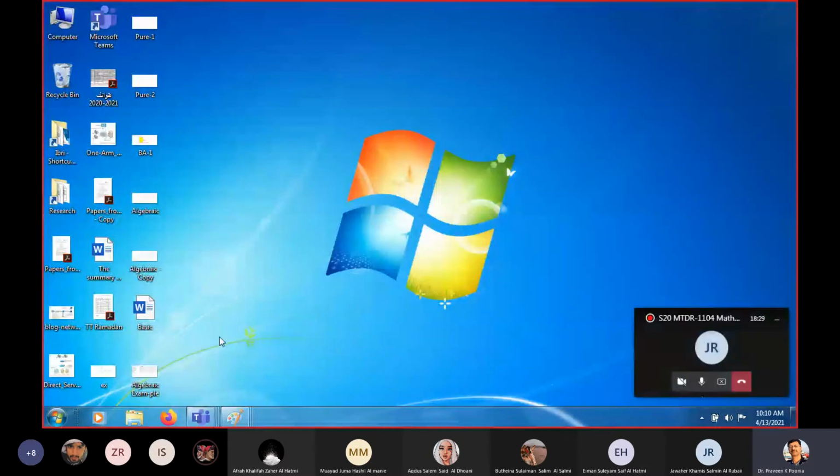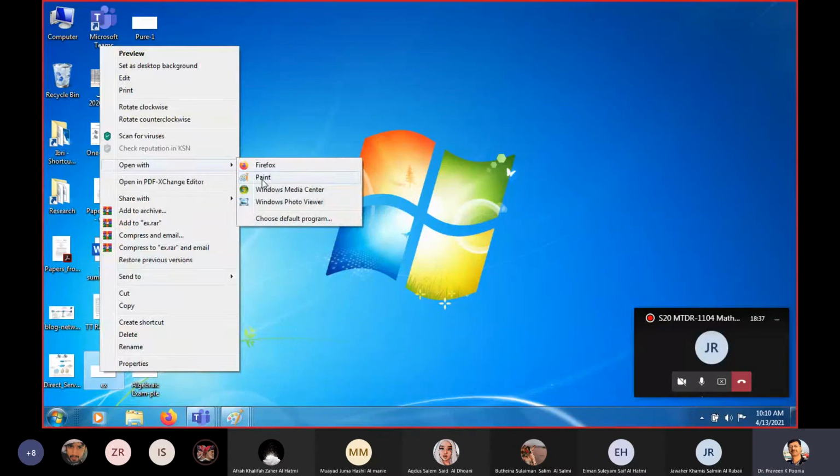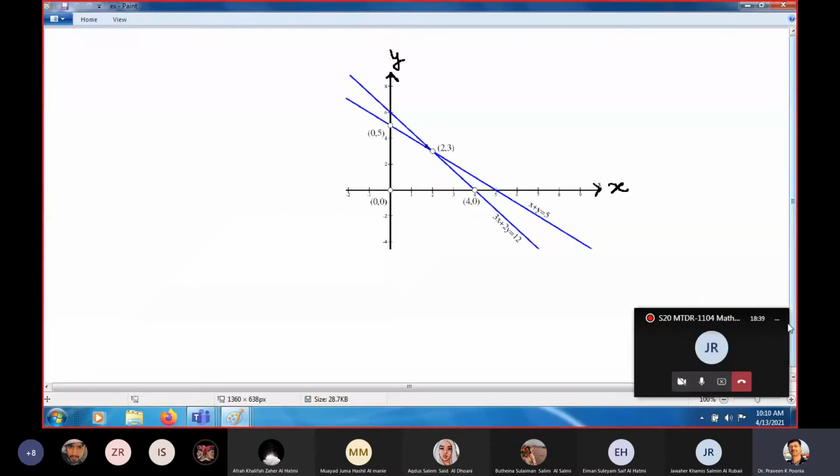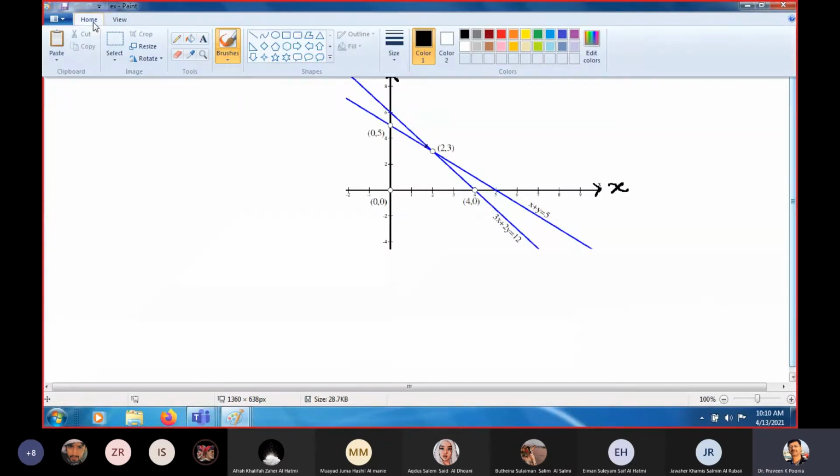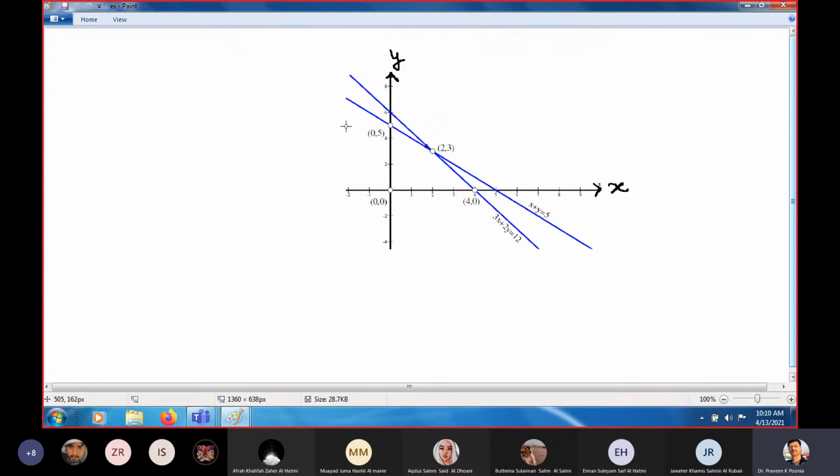Let me take an example. If I take this question, what I will do is draw one line here like this. If I am moving like this and calculating the maximum value, then this black line is called the iso profit line.